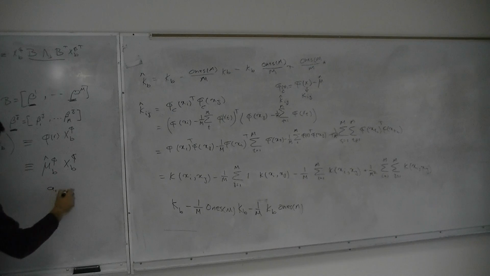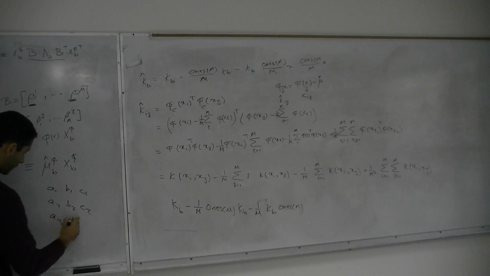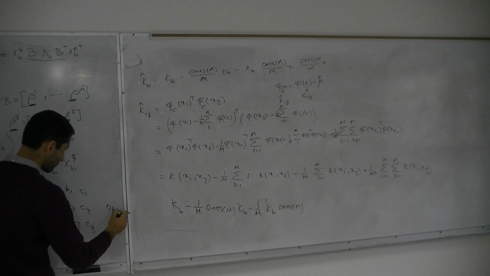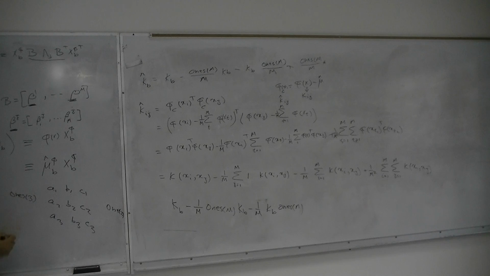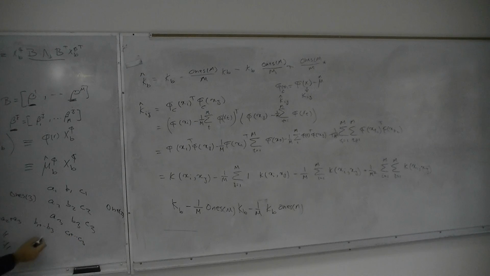If we have, for example, A1, B1, C1, A2, B2, C2, A3, B3, C3, and here we have the ones, 3 by 3, if we do the first multiplication, we have a 3 by 3 matrix: A1 plus A2 plus A3 for all of these, and here B1 to B3 and C1 to C3, okay?